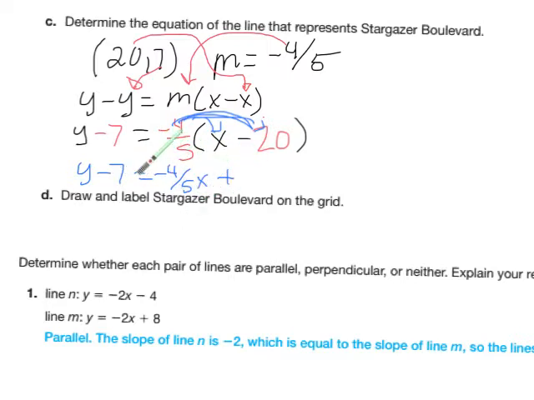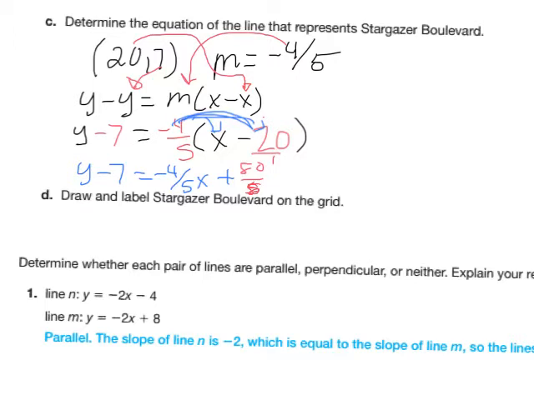And then 4 times 20 is 80, and then 5 times 1. A lot of kids multiply 5 times 20, but in reality, you only multiply numerator times numerator and denominator times denominator, which will be 5 here.